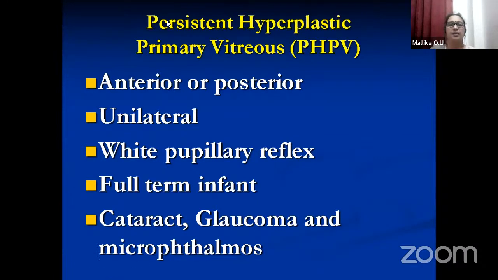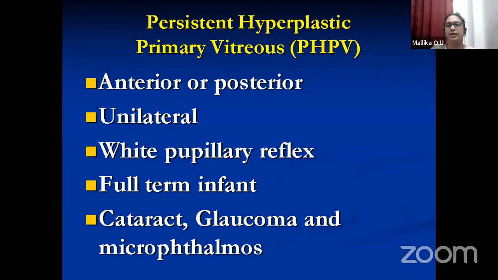This is another small topic, persistent hyperplastic primary vitreous, initially called PHPV. The new term used is persistent fetal vasculature. So the blood supply of intrauterine life is persisting in adult life.